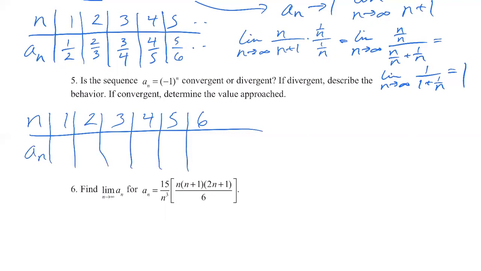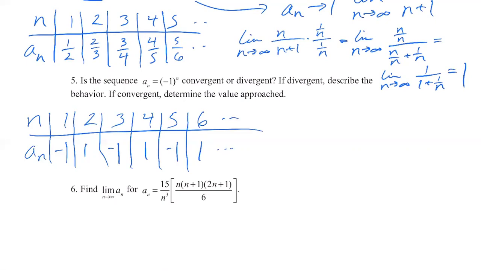So when we plug in 1, we'll have -1 raised to the first power. That's just -1. When we plug in 2, -1 squared. Now, the negative's also being squared, so that makes it positive, and we've got +1. 3 results in a -1 again. 4 makes it +1. 5, I think we see what's going on here.